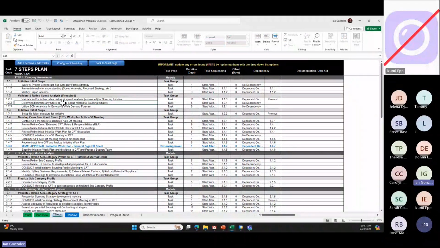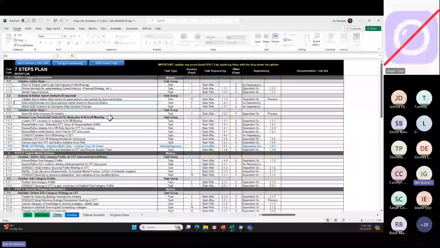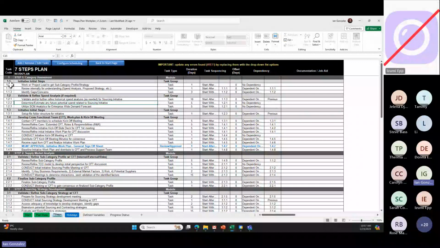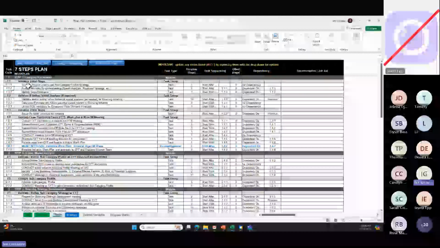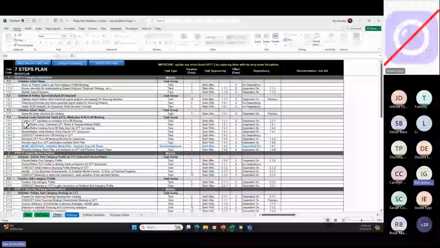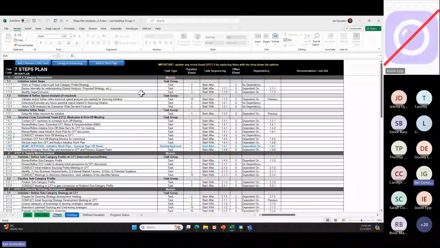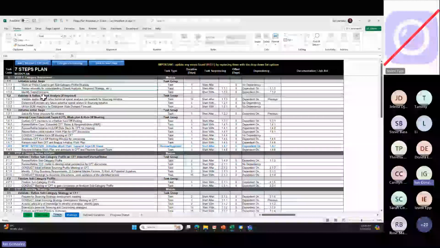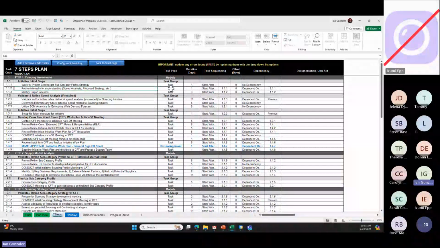Okay. So here now is the view of our 7 steps, and now you see in column B over here the codes. If you remember the instructions, don't worry about the codes. The program will assign these code numbers on its own. You just care about this stuff. So, for example, this second step over here, the review internally for understanding spend analysis or proposed strategy, etc. It's a task.